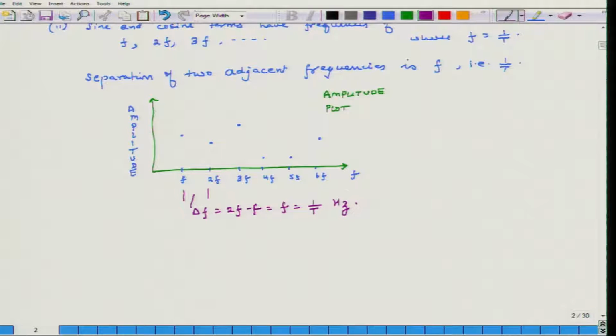Okay. So, based on this we make an important observation.